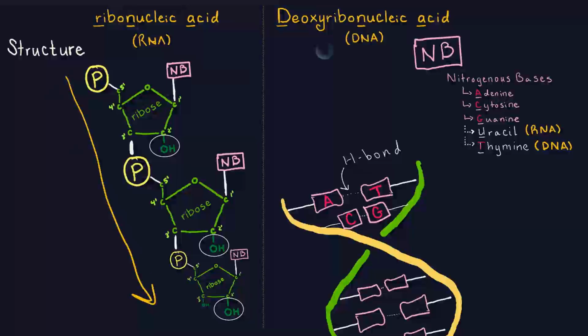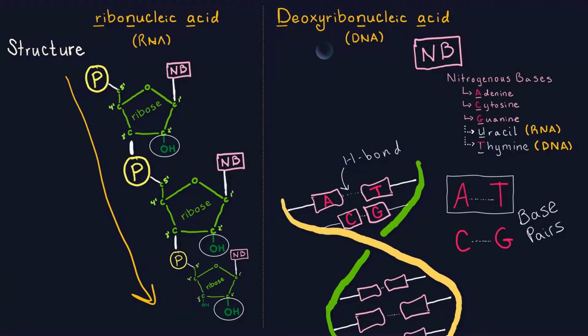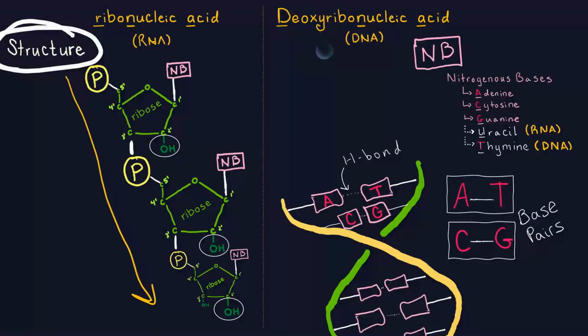So guanine can only go with cytosine, thymine can only go with adenine. And we call these winning combinations, adenine to thymine, cytosine to guanine, base pairs, because they are pairs of nitrogenous bases bonded together. So that's an overview of the structure of nucleic acids.